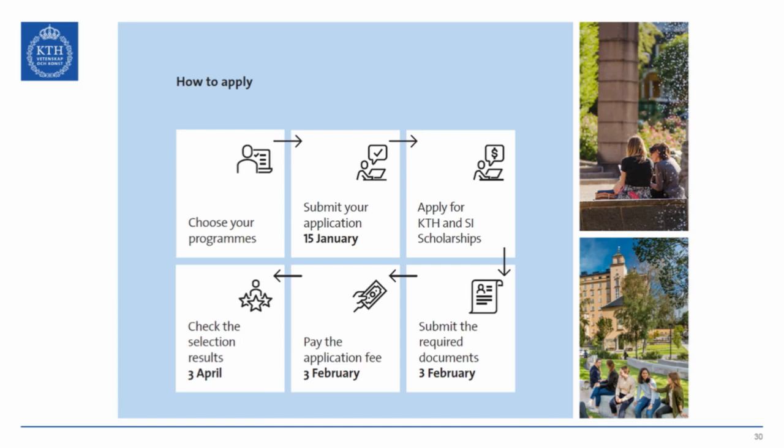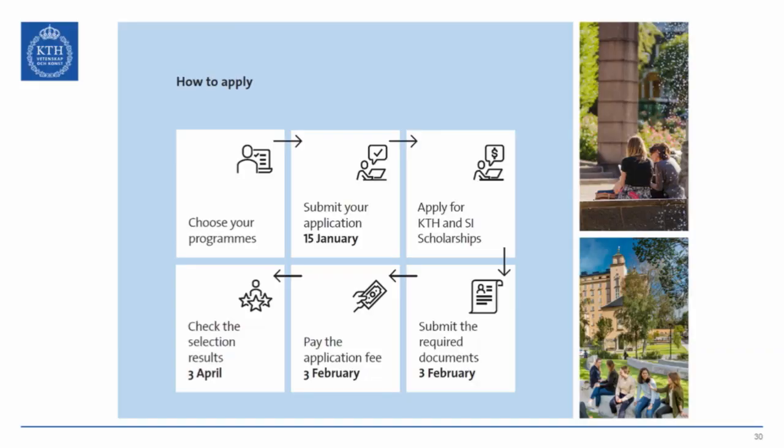So Sri, would you like to say a few words about how to apply? Yeah, so the application process starts with university.se, and before going there, just read through all the programs, make sure you fulfill all the entry requirements for your programs, because that's what is going to make your application easier for the evaluator and as well as for you.